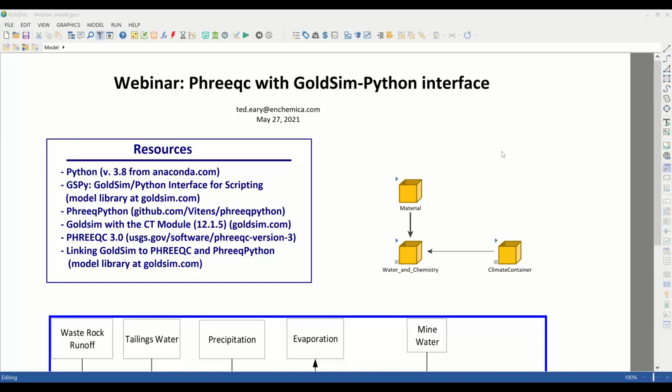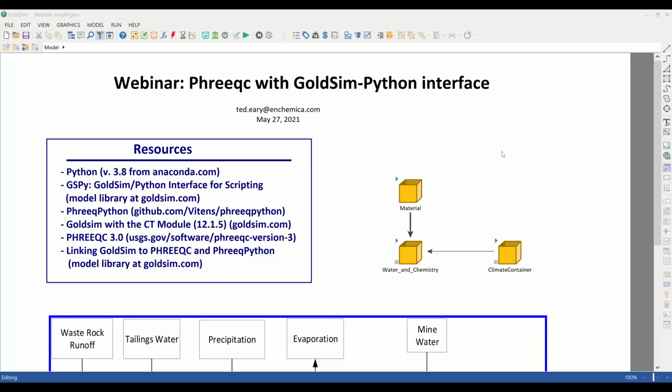And that dynamic link library is the key component that we need to use to make the linkage to Phreeqc, or actually any other outside external program that you might want to use as well. So there are some necessary files that will come with that. There's instructions on how to install it with that download, and there's also a couple of files you can use to test to make sure it's working correctly.